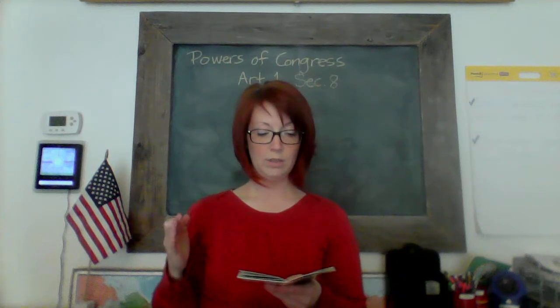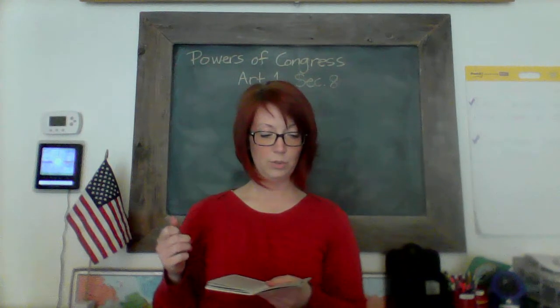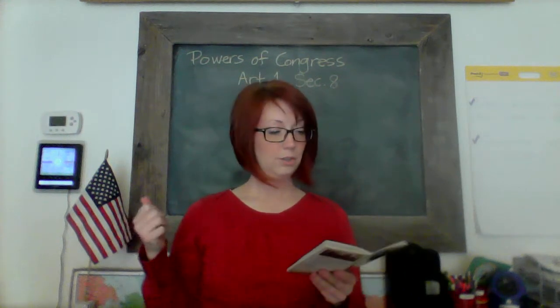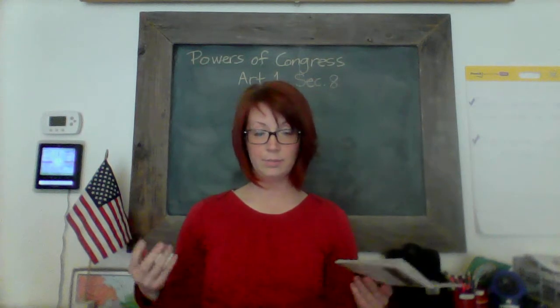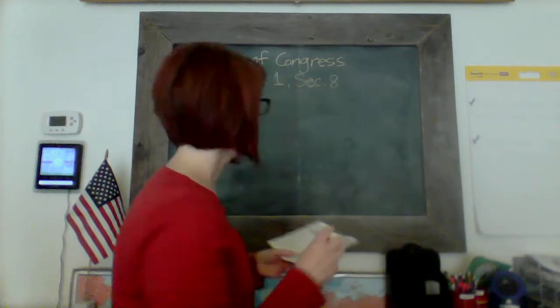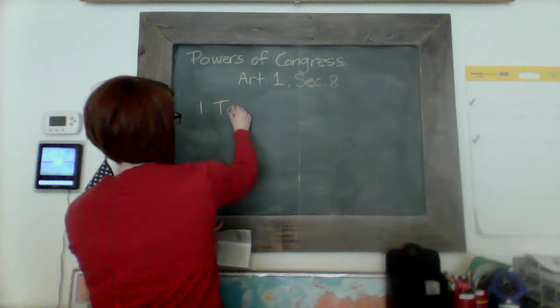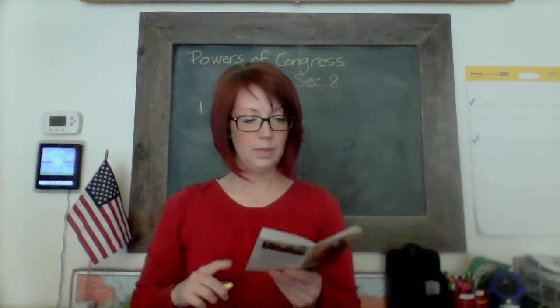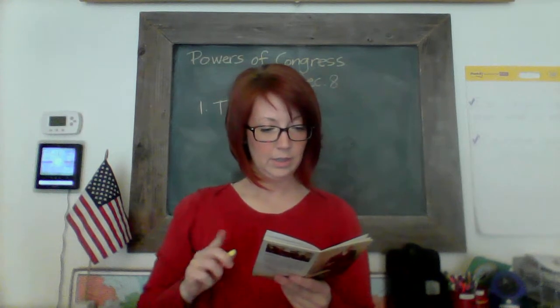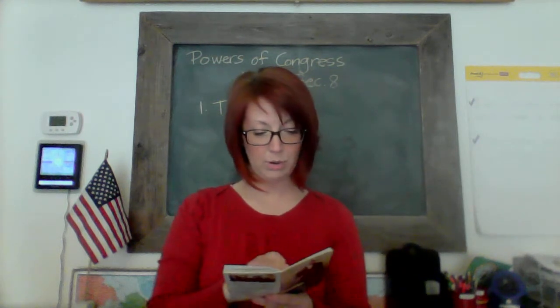Okay, so this clause gives the Congress power to tax. Duties, imposts, excises are all taxes. So, Clause 1 is tax. Okay? Then it also gives them the power to spend that money.